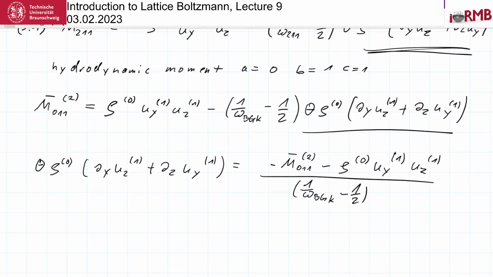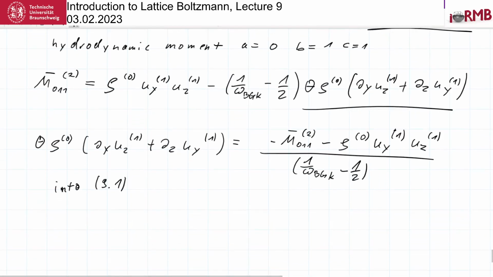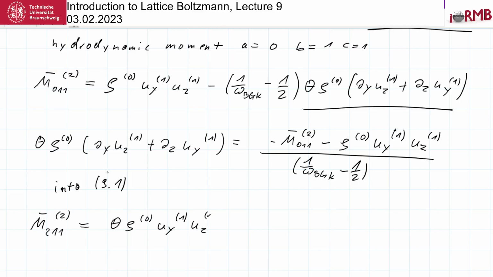Okay, now why is this a problem? This is a problem if we put this into 9.1. So if we put this into 9.1, what comes out is M211 to second order is equal to the equilibrium still, or rho 0 uy first order uz first order, minus, now what we have here is 1 over omega, so how did I call them?